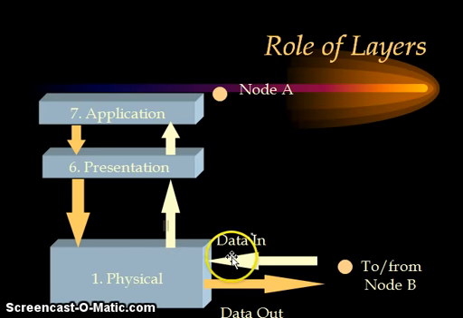Then on node B, the OSI model again comes into the picture, with 7 different layers which act as per the definition of those layers.